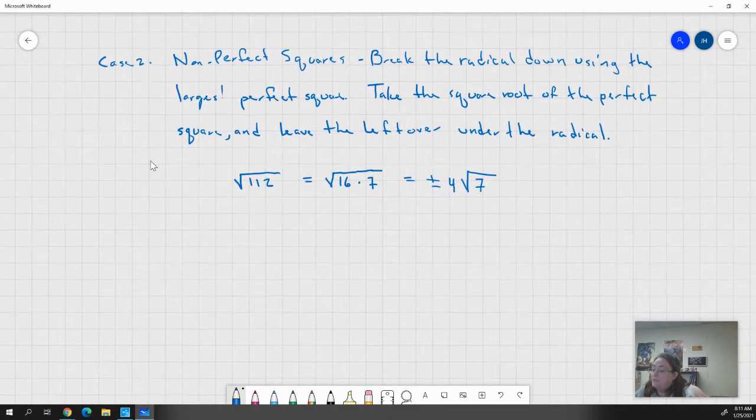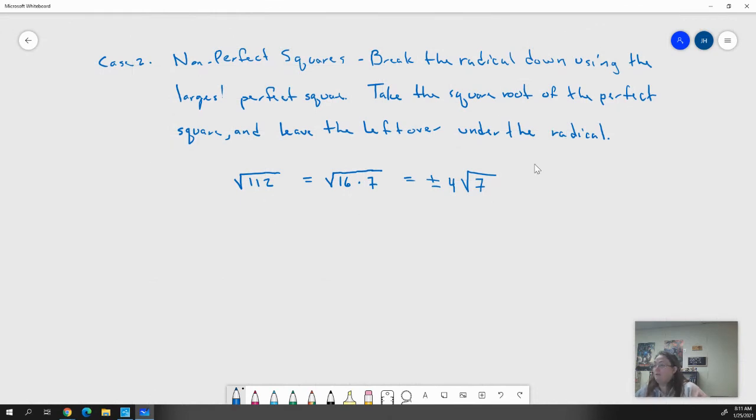In both cases, if there's a coefficient outside the radical, this is my little star. If there is a coefficient, that means a number on the outside of the radical.